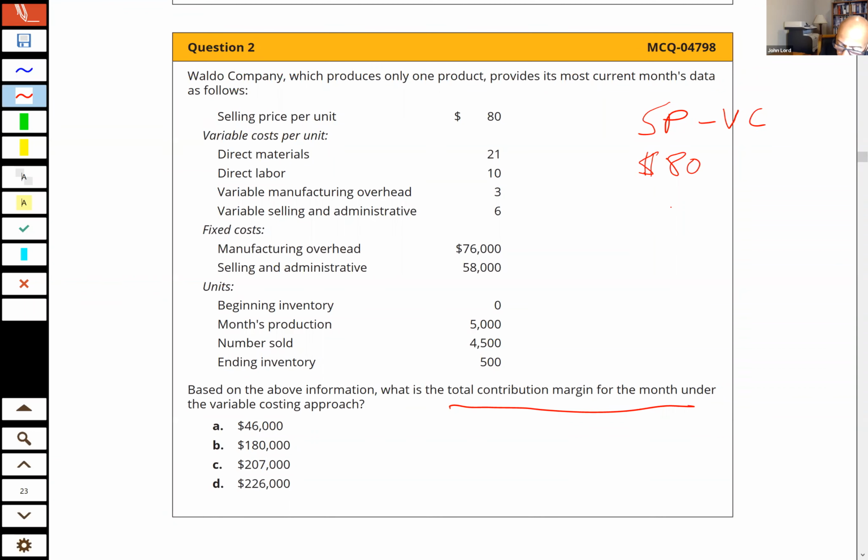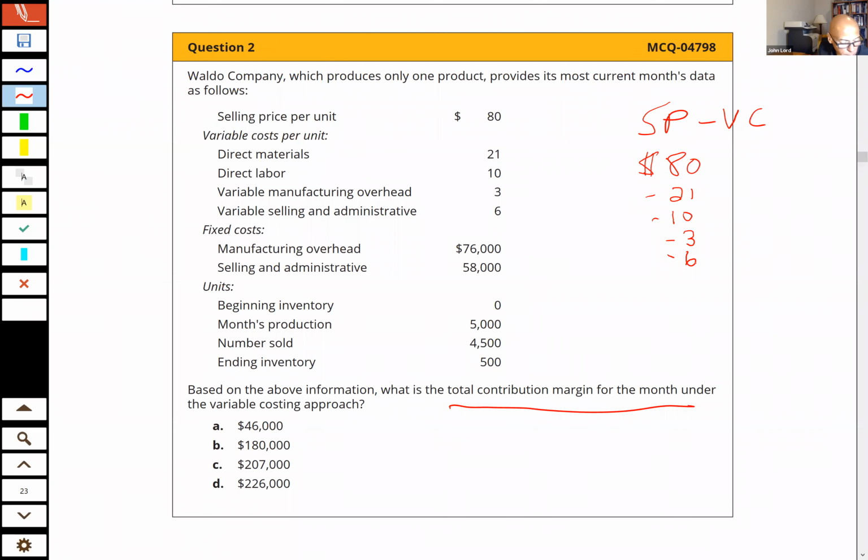So we have our selling price, and then we start taking off the variable costs: the direct materials, I have to subtract that, the direct labor, yes, those are variable. The variable manufacturing overhead, that's $3, good. The variable selling and administrative, yes, we group all of our variable costs together. They start giving me the fixed cost down here, but I'm not interested in that in order to calculate the contribution margin.